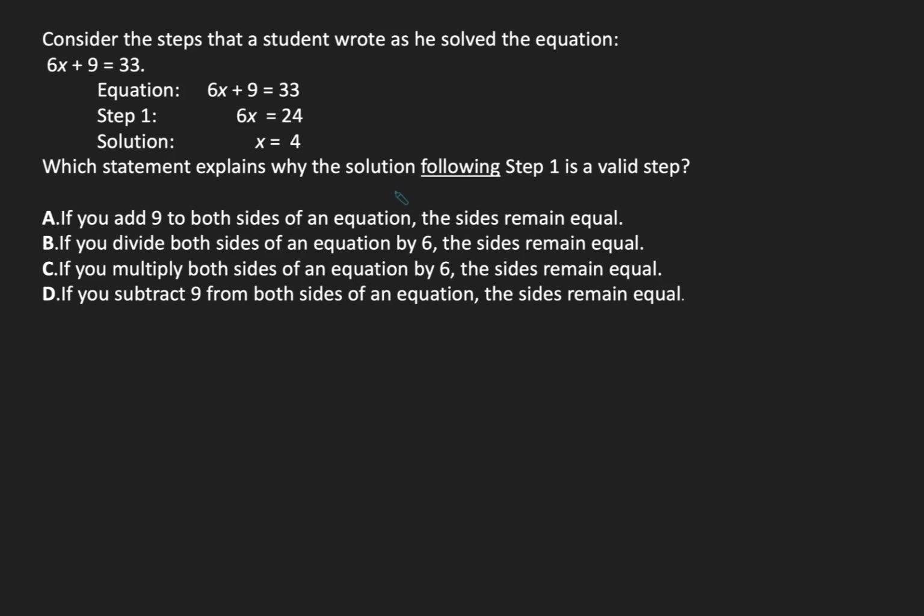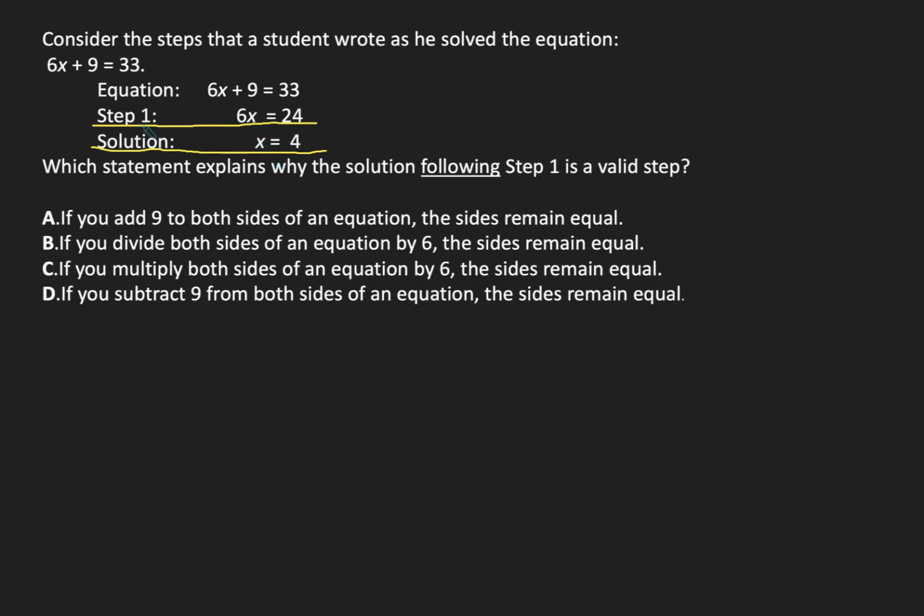They want to know why the solution, x equals 4, is a valid step following step 1. Following step 1, which is 6x equals 24, the student wrote x equals 4.